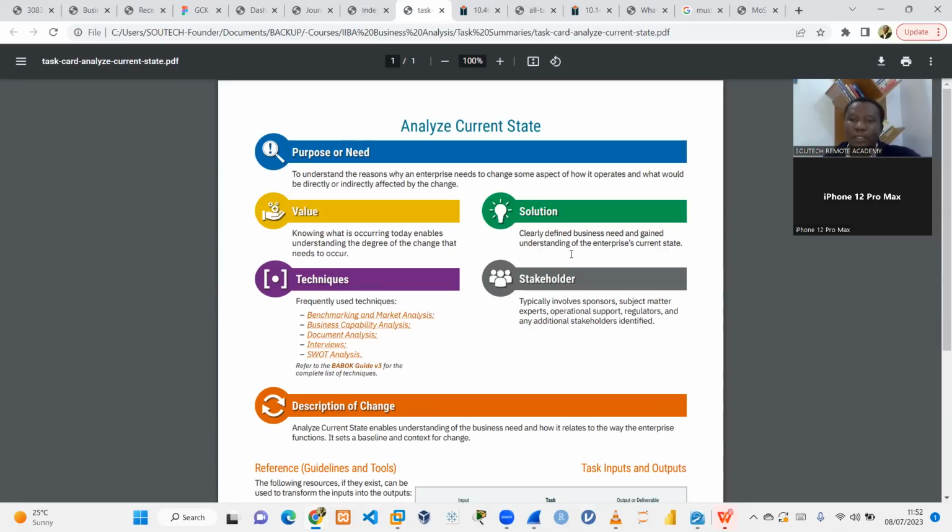About 50. So you have some knowledge areas, then you have the tasks you have to do in each knowledge area, then you have the techniques that you can use as a business analyst to carry out those, what was it called? Those tasks.